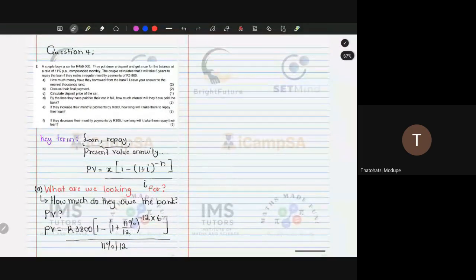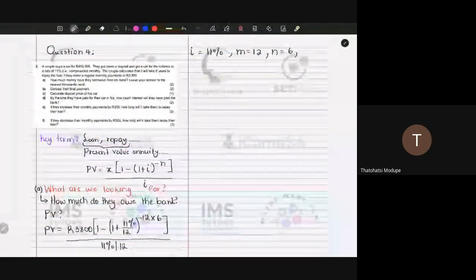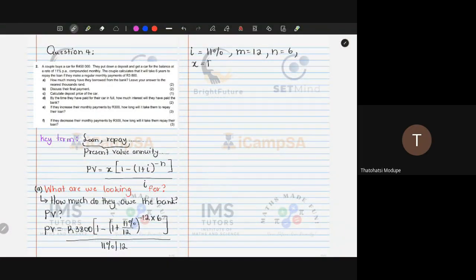So maybe just to quickly make a legend of what is going on here, our I was 11%. Our compounding period was given as 12 because they said compounded monthly. N, which is the number of years, is 6. And X was given as 3,800. So what is our PV, guys, when you put it in your calculator?